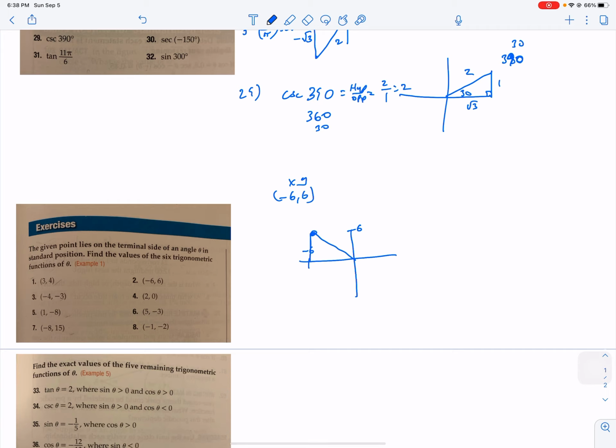So we got a triangle here. So our height is 6, now our x value is -6. And to find the third side, it's Pythagorean theorem: a squared plus b squared equals c squared. So it's going to be 6 squared plus -6 squared, which should be positive, so 36 plus 36 is 72.